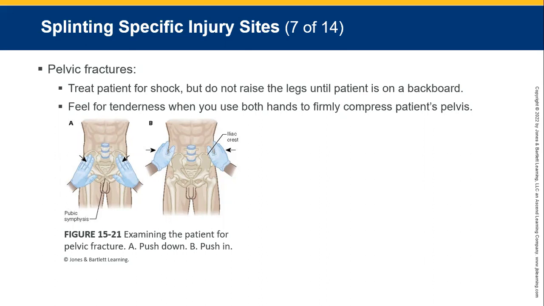If there's any pain or any movement in the pelvic girdle, we want to keep the patient as still as possible. We're going to feel with both hands for tenderness and deformities in the patient's pelvis before we may have to use a pelvic splint.